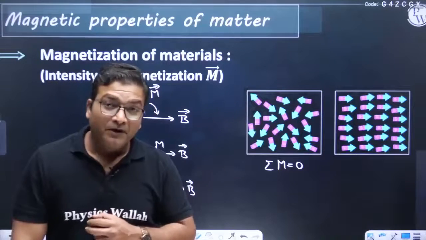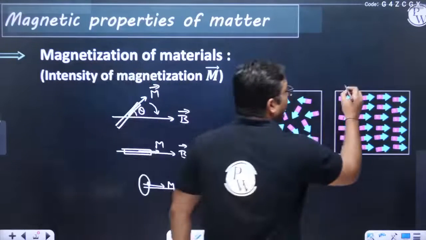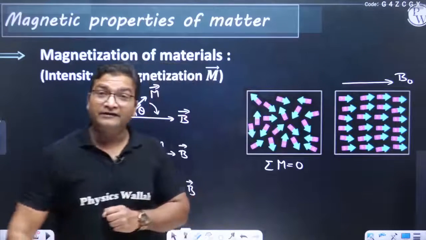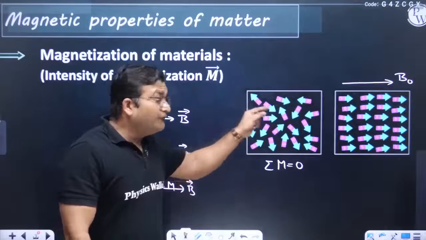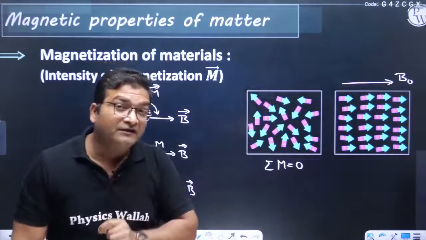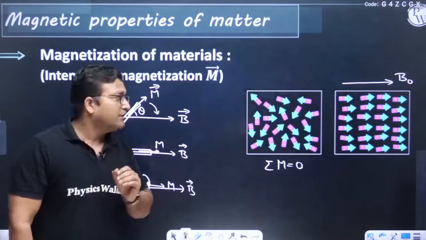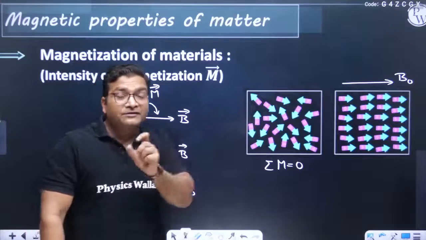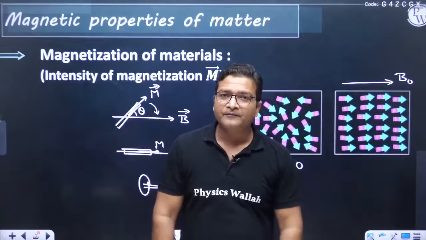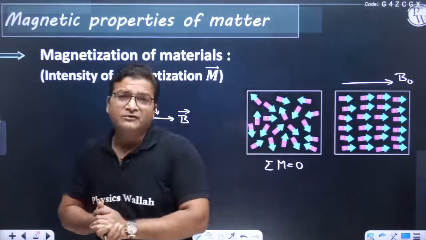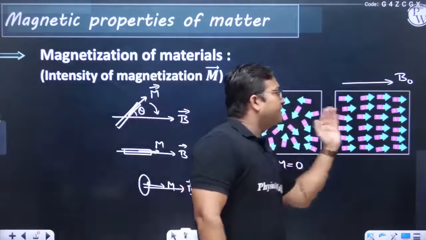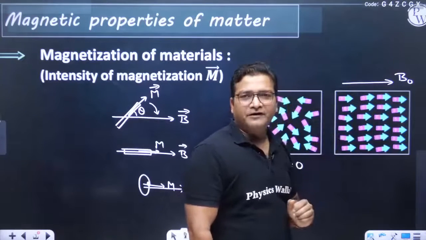But what happens if some external magnetic field is applied? Every tiny magnetic atom experiences a torque, and that torque tries to align every atom's magnetic moment along the direction of the external magnetic field. If the atoms are free to move, they try to align themselves in the direction of the magnetic field.